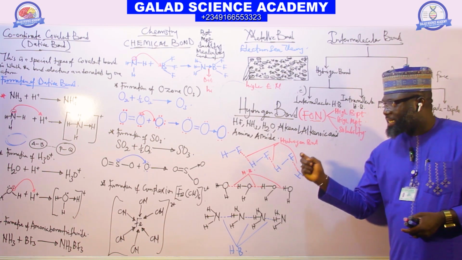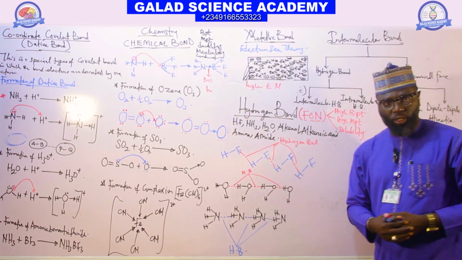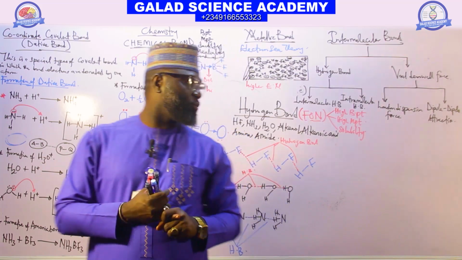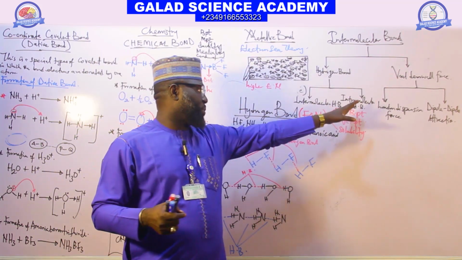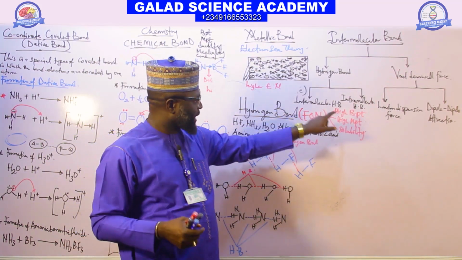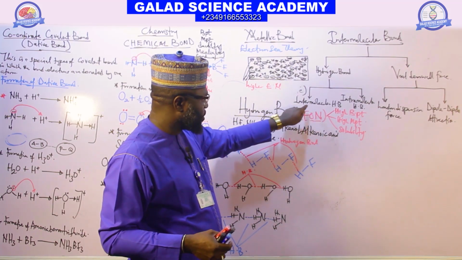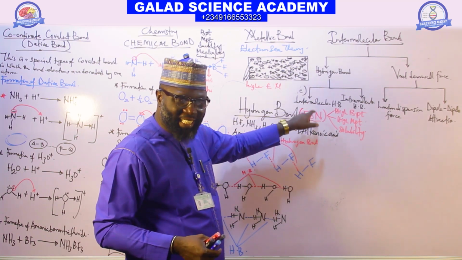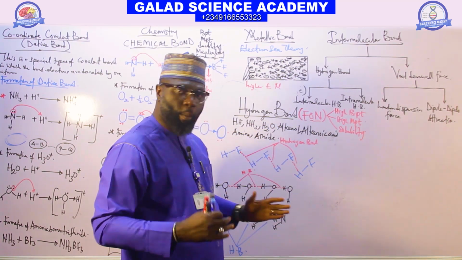But I said there are two types of hydrogen bond. We have intermolecular hydrogen bond, and then we have intramolecular hydrogen bond. The intermolecular hydrogen bond is the hydrogen bond that exists between two or more molecules.